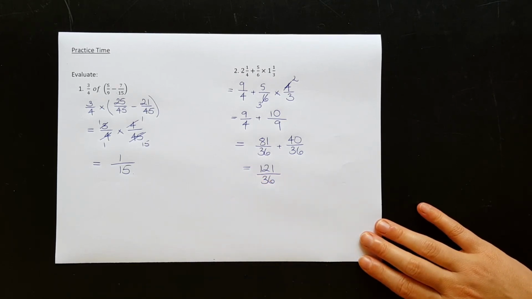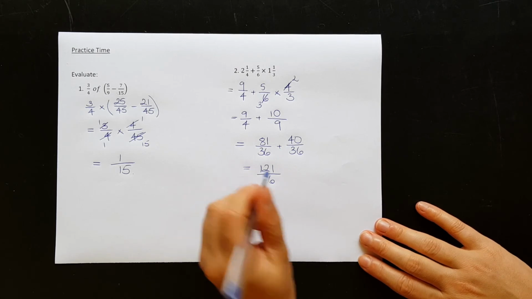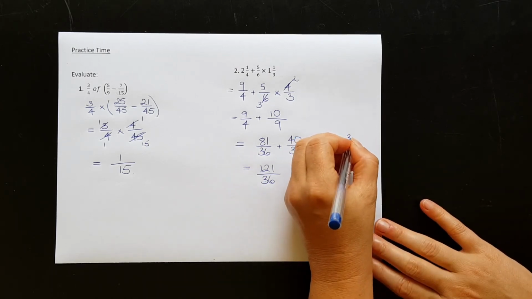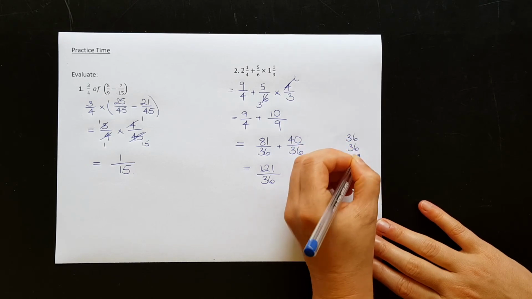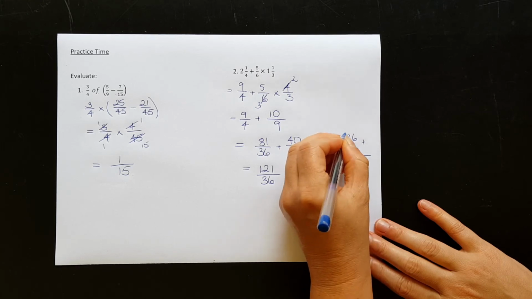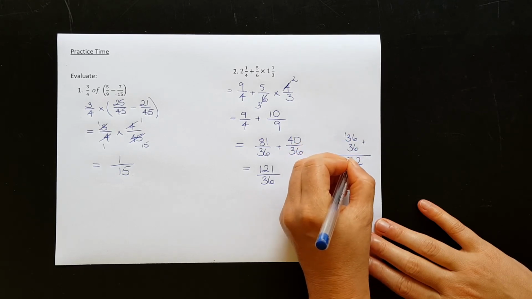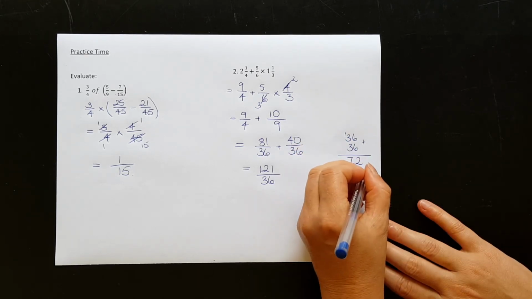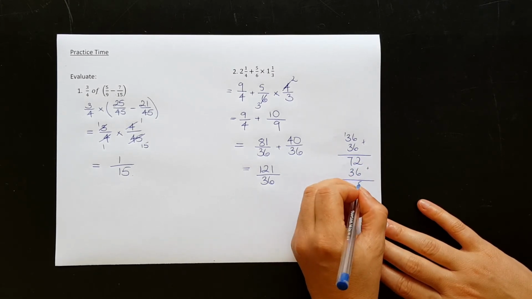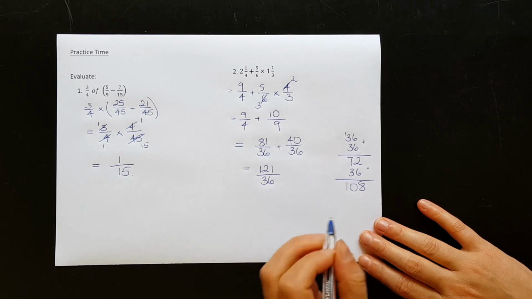Now the tricky part for this question is trying to work out how many times 36 goes into that. So maybe over here on the side, you could do 36 plus 36. Let's see what that gives us. We'd get a 2 there, and 3 plus 3 plus another 1 is 7. All right, let's try and add on another 36 down here. So 2 plus 6 is 8, and that makes 10.